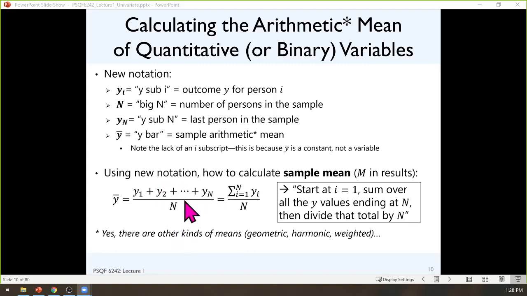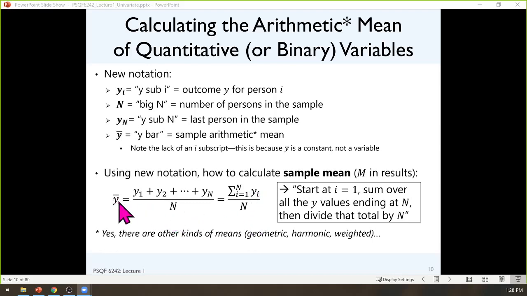This idea right here can be described more compactly with our friend capital sigma, which means sum over. Sum over what and stop at what is the question. So starting at the first person, i equals 1, up to all the people, capital N, we're going to sum y and then divide by N. The result of that, added up and divided by N, is our friend y bar.